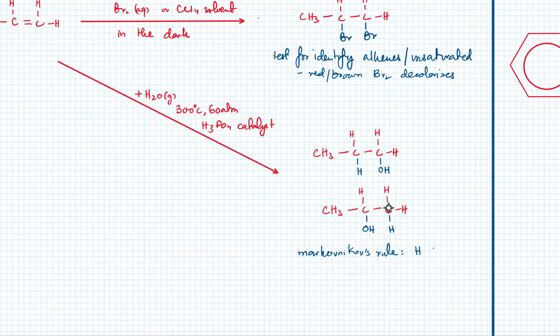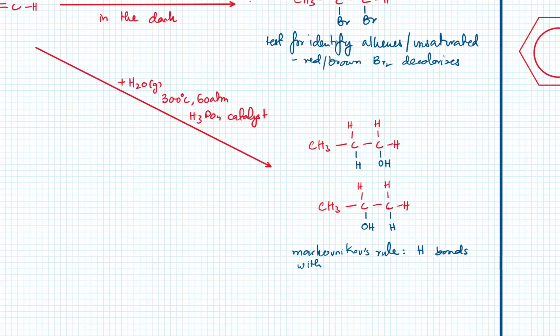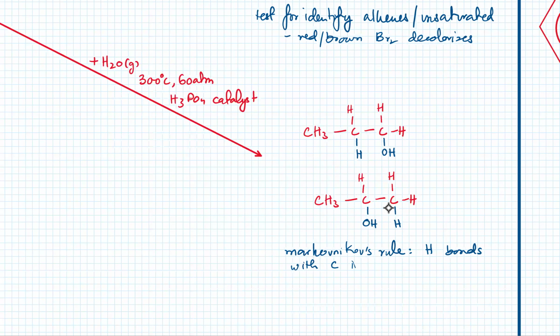It only applies to unsymmetric or asymmetric alkenes. So H bonds with the carbon in the double bond which is already bonded to more H atoms.